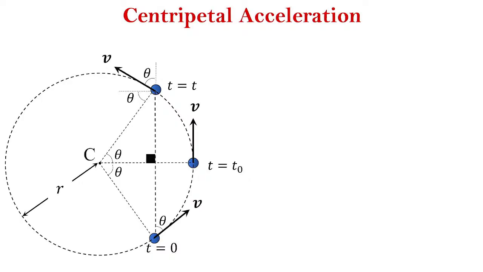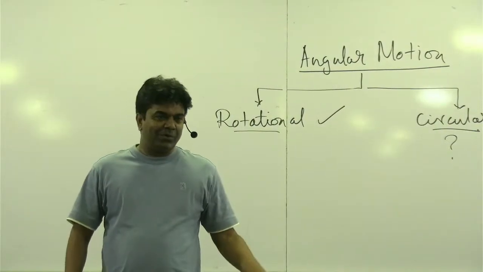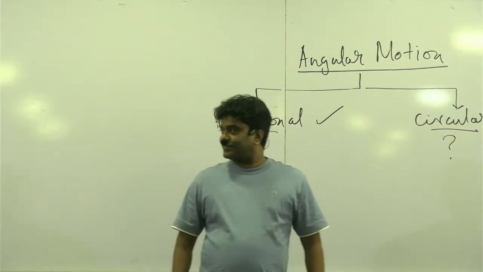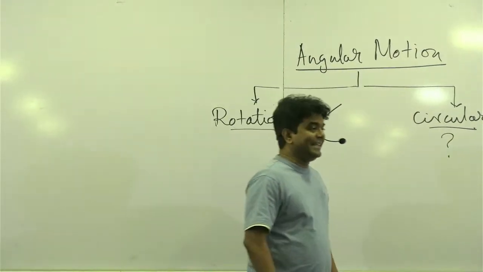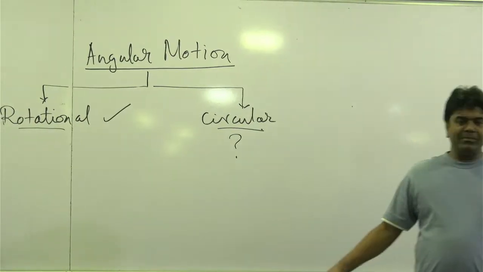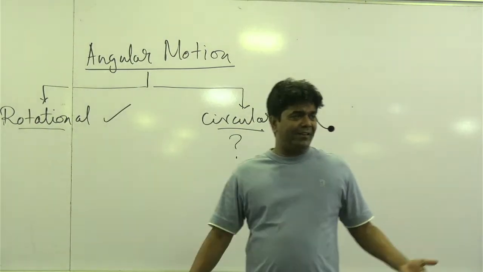Because we know that acceleration is about what? Change in velocity over time. So when there is no change in tangential velocity, how come there is an acceleration?